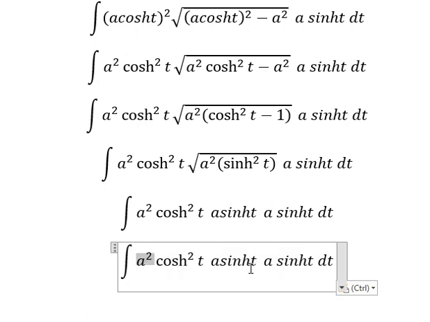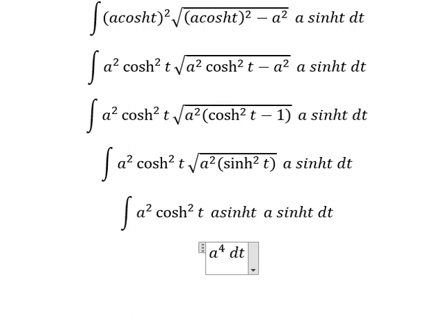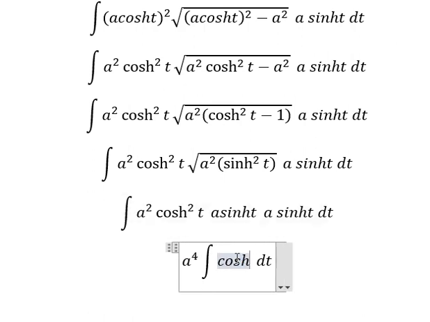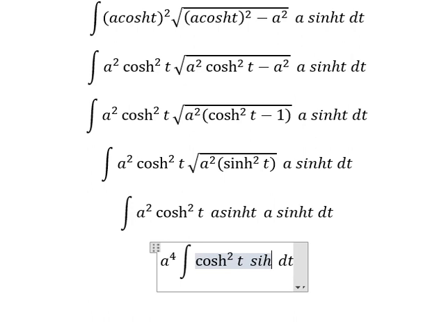So a square a, we have a to the power of 4, and sin t we have sin t square, and that is cos t square and sin t square.